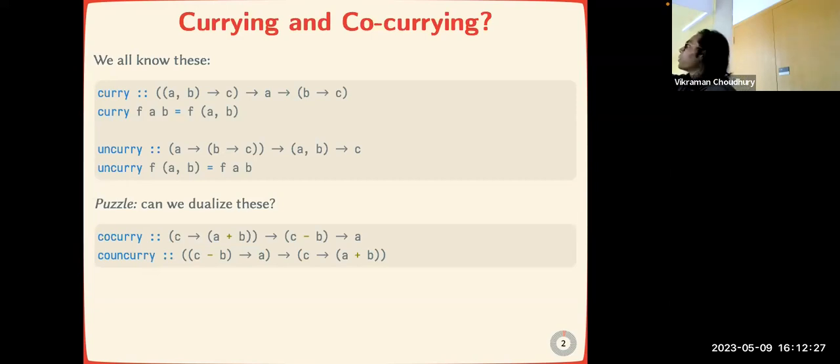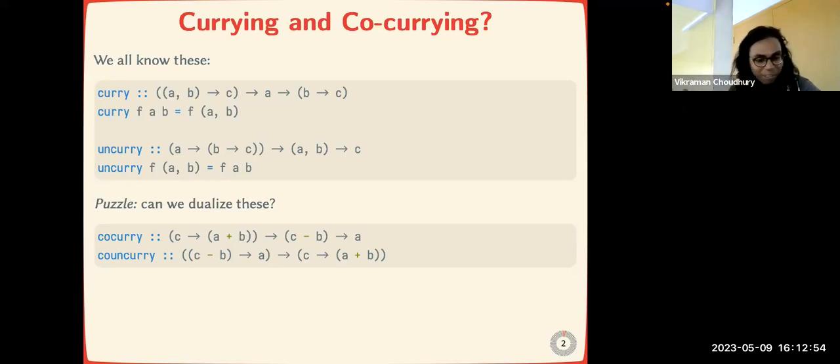Since products were on the left, now you want sums on the right. And you had functions on the right, so they should become something on the left. What is this subtraction? I'm just writing plus and minus. We have plus in Haskell, which is sum types, either left or right. But can you find a type for subtraction which will allow you to write these two programs, co-curry and co-uncurry?